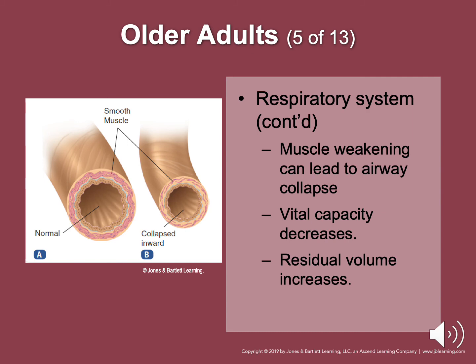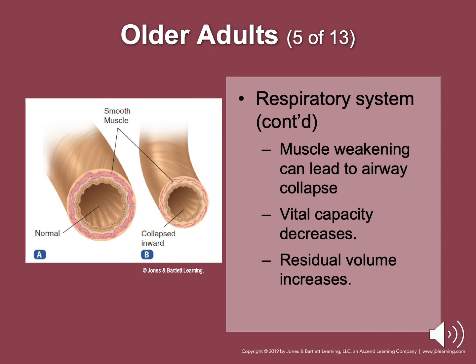By age 75, the vital capacity may amount to only 50% of the vital capacity noted in young adulthood. So they have loss of respiratory muscle mass, increased stiffness of the thoracic cage, and decreased surface area available for the exchange area.